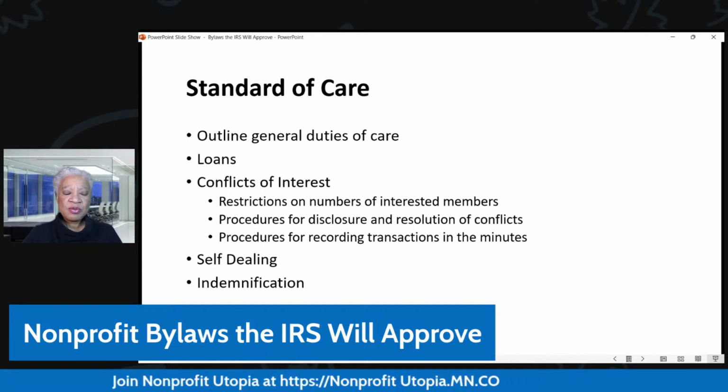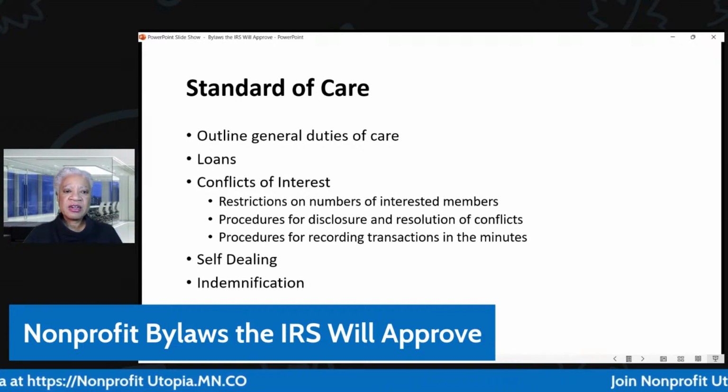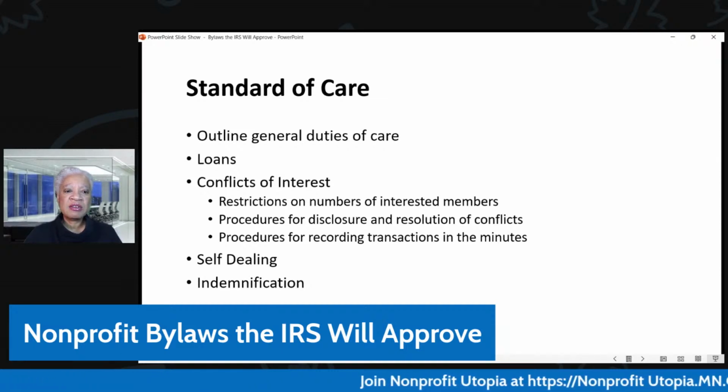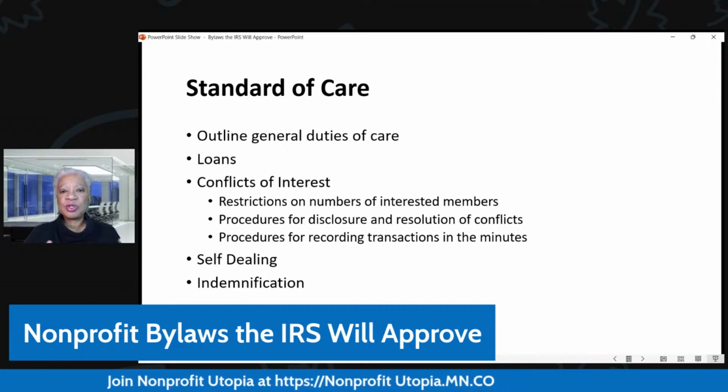The next thing you want to look at is the standard of care. And here, this is not required, but I think it's a really good clause to include where you're outlining the general duties of care.